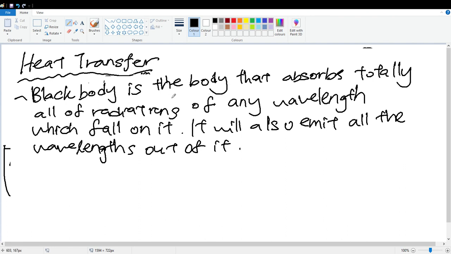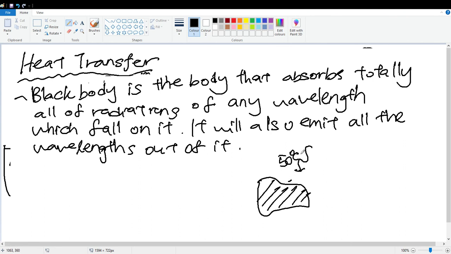Let's say this is my black body, and radiation at 50 degrees Celsius falls on it.